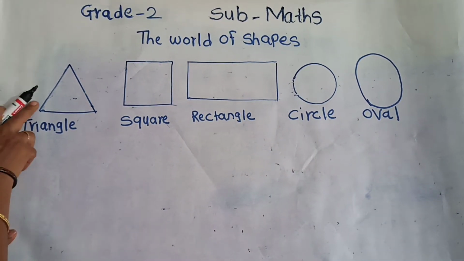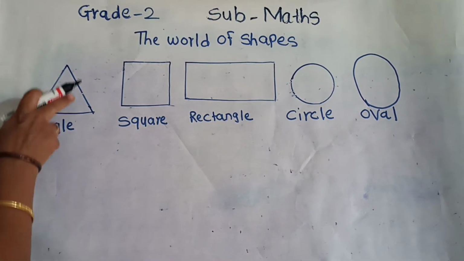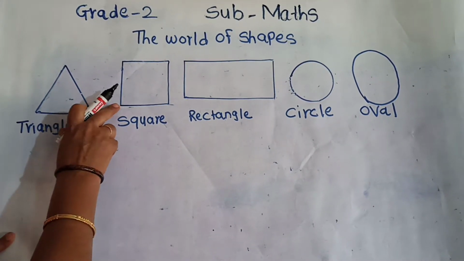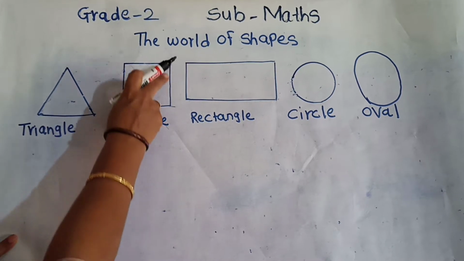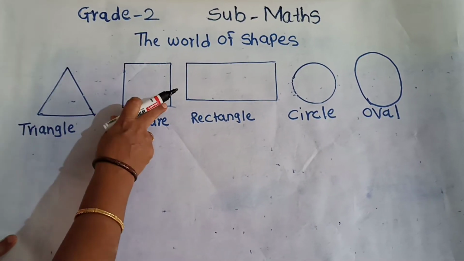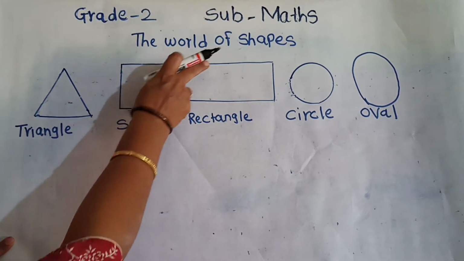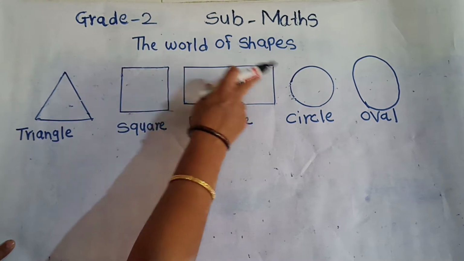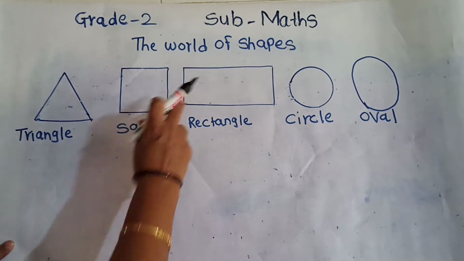You know, triangle has three sides and three angles. Square has four same sides and four angles. Rectangle has four sides, opposite sides are equal, and four angles.